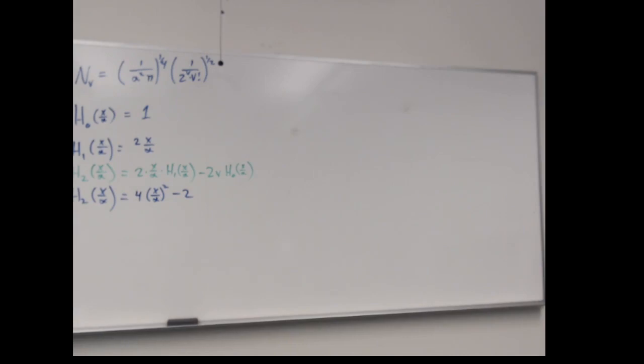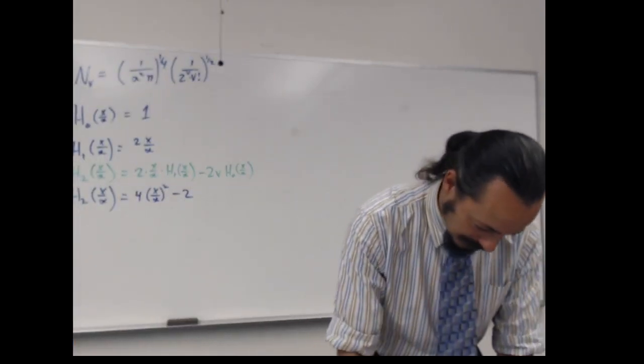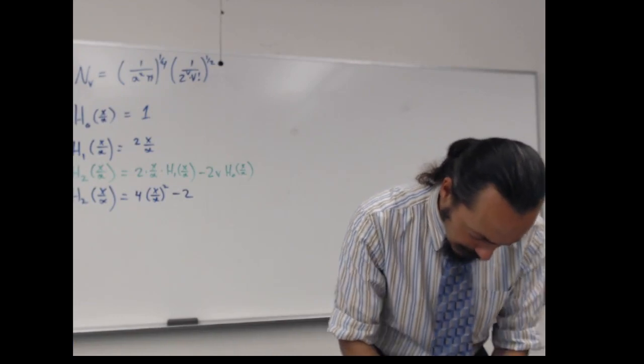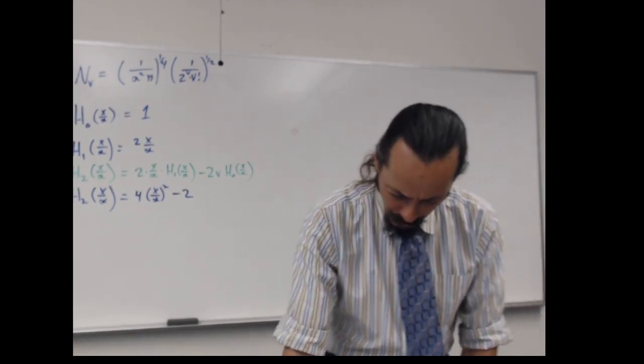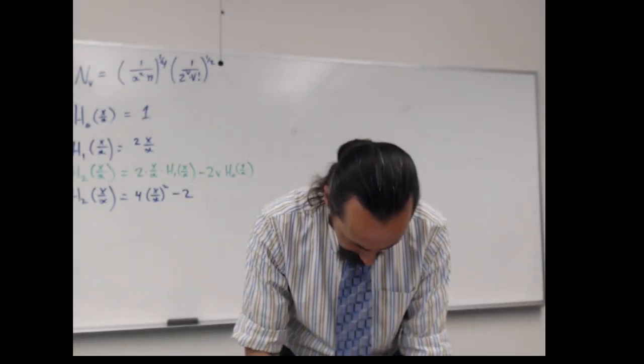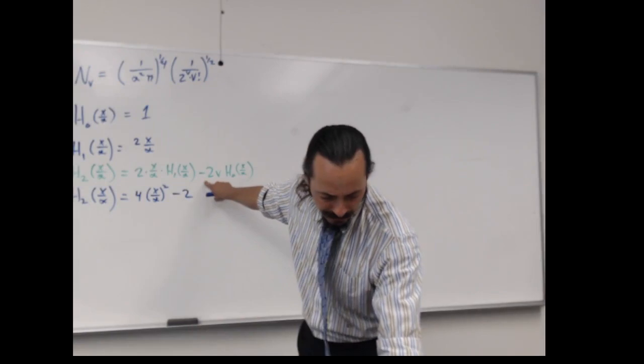Do I have a typo there? Hang on a second. Should definitely be 4 minus 2. Hold on. Okay, I definitely have one typo. No, I've got my minus sign.